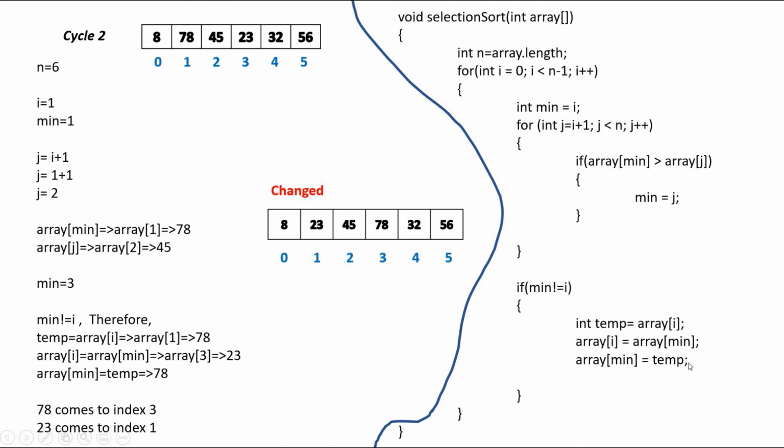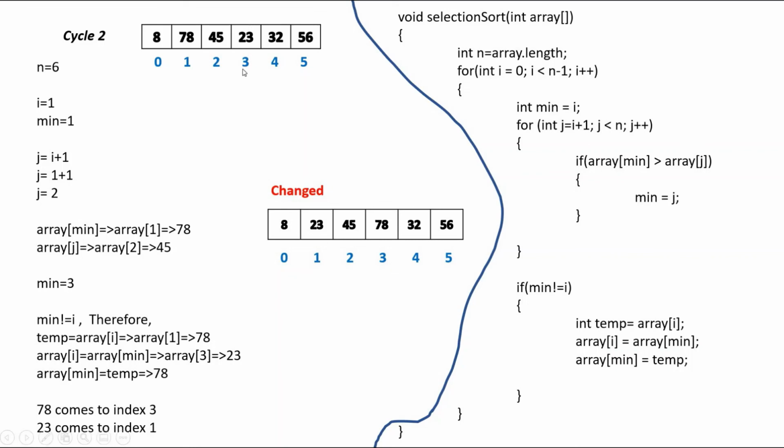Okay, let's go to the next step. In here they are saying to put the value of temp to the array min position. What is the temp value? It is 78. We found that in this line. So we put this 78 to the array min position. What is min? Min is 3. What is the array min position?